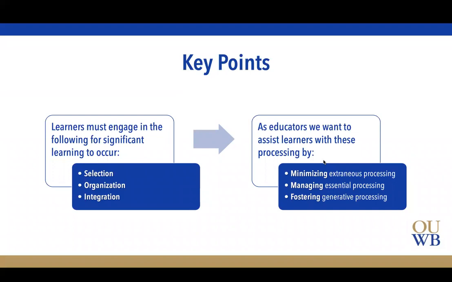That gets a little bit into schema theory, but those are the learner processes that need to happen. And as educators, we can assist learners with those processes by minimizing extraneous processing, managing essential processing, and fostering generative processing.